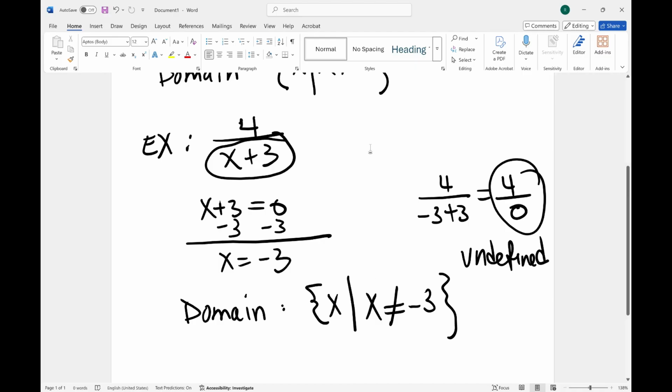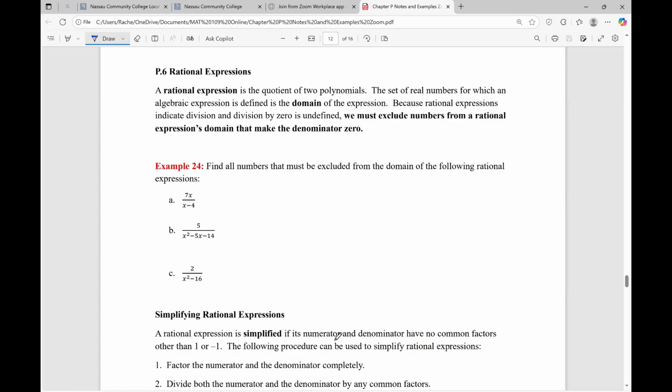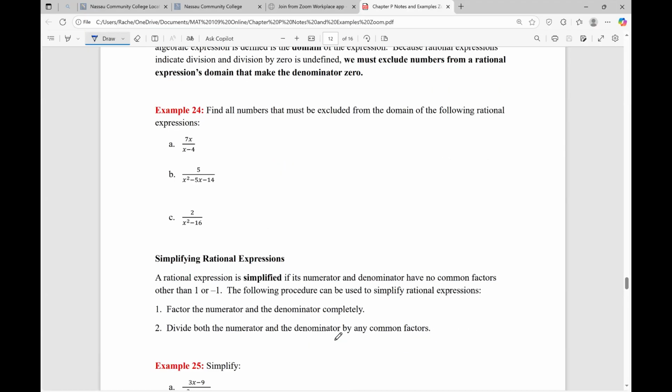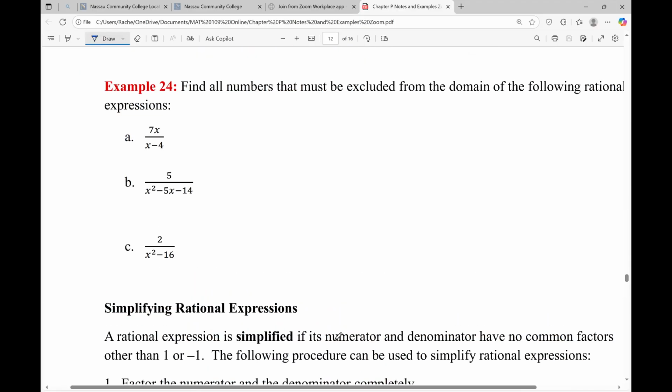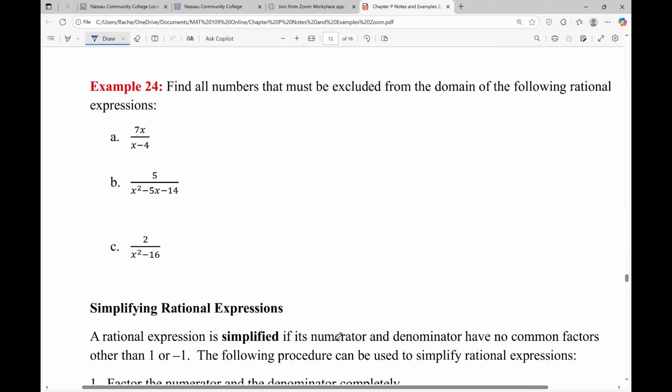So let's go back to the worksheet. Example 24 says, find all numbers that must be excluded from the domain for the following rational expression. Let's look at the expression in A. We have 7x divided by x minus 4.